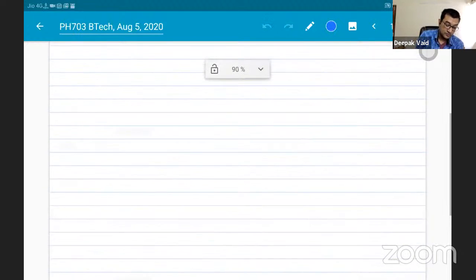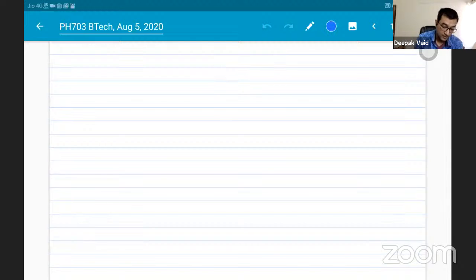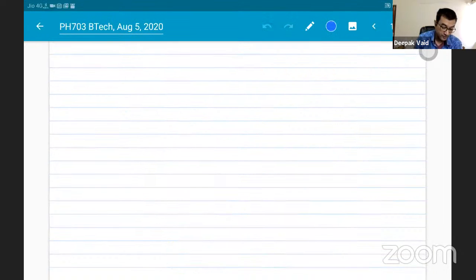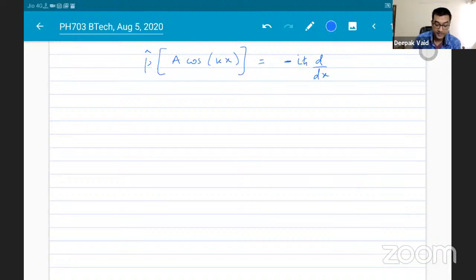Now let me ask what happens when I take this momentum operator and act on this function with it. Well, the momentum operator is simply a derivative, d by dx.